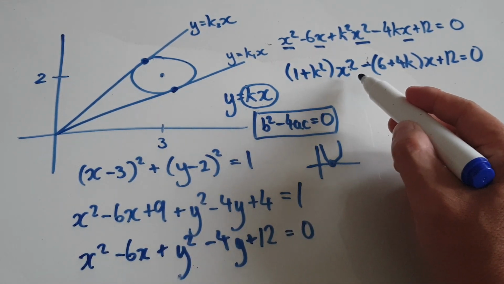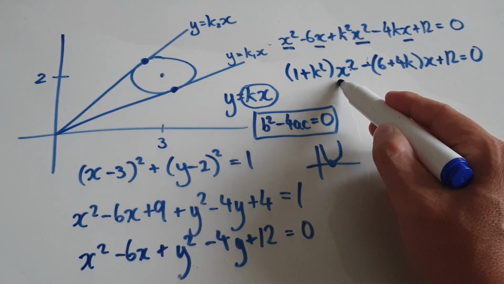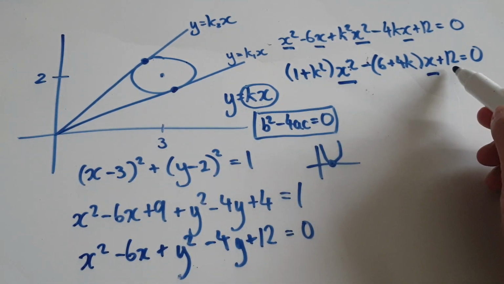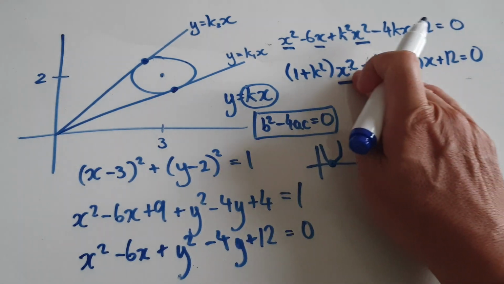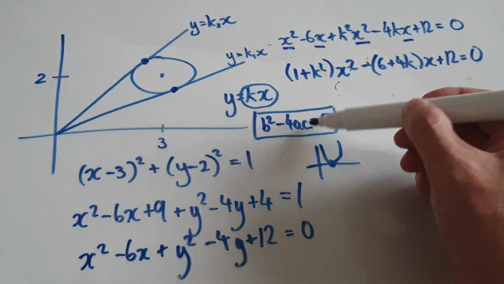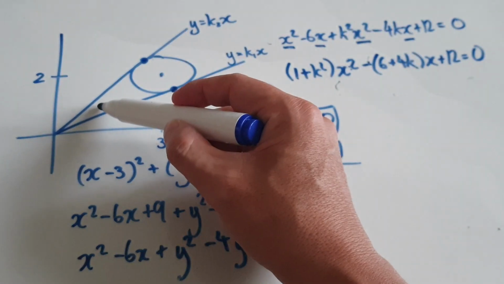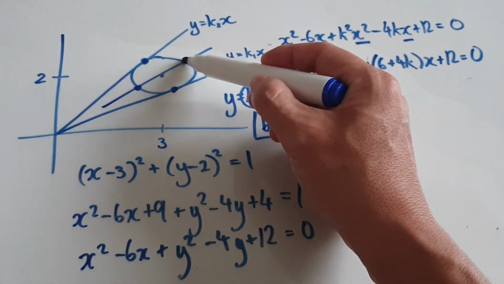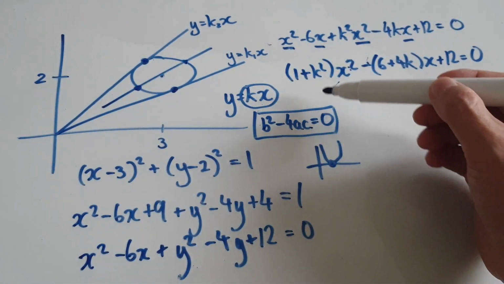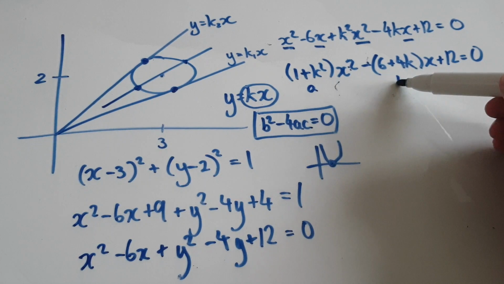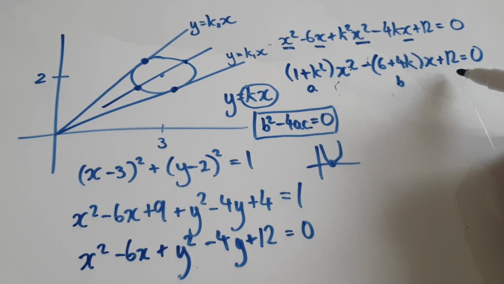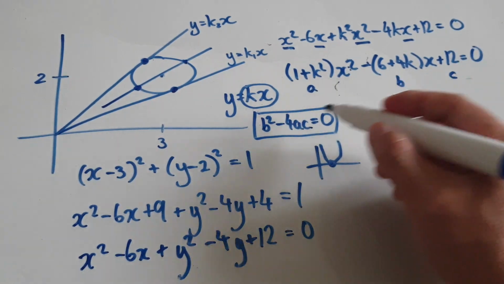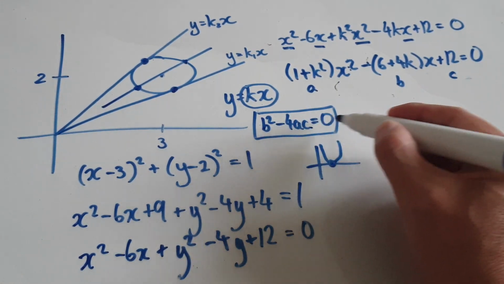So this is in the form of a quadratic, because you've got x squared, x, a constant, equals 0. So we demand the discriminant to be 0 in order to have one solution, as opposed to two solutions here. So this is our A, this is our B. Remember, it's minus this thing here, and C is 12. So we demand that this thing to be 0.